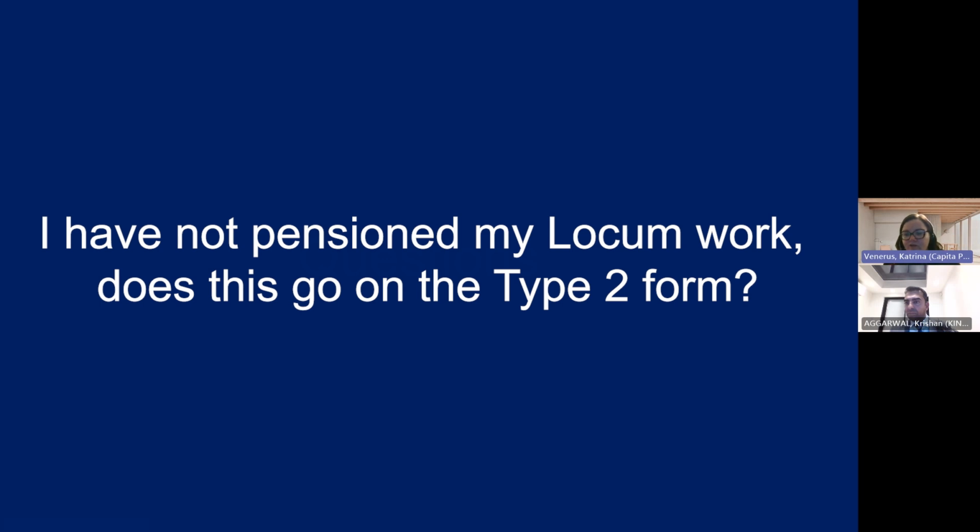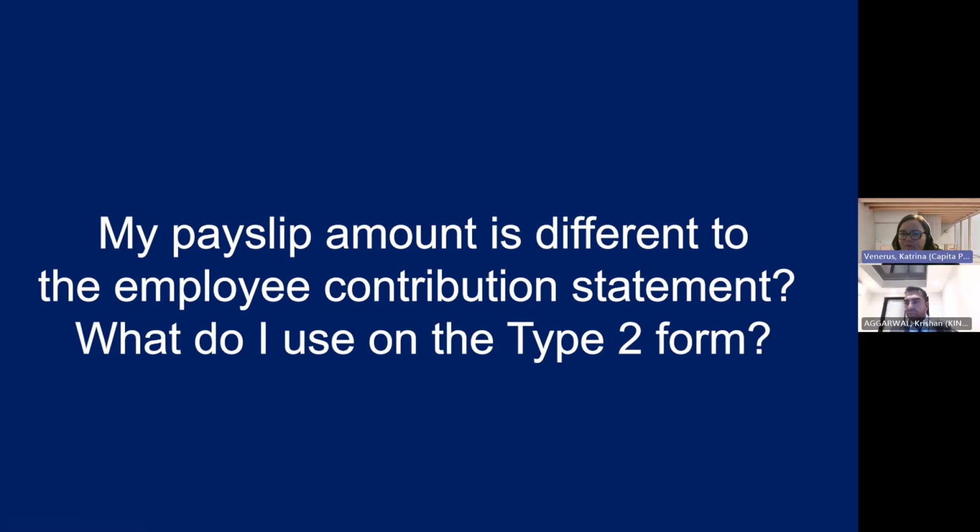So that's all good. We've got one which says my payslip amount is different to the employer statement online. Please, can you explain? Do I use my payslip figure? Okay, so I guess this is a really common scenario. The employee contribution statement, I think you probably mean on PCSE Online, will show the amounts that have been deducted from the practice based on the practice estimate that they submitted.